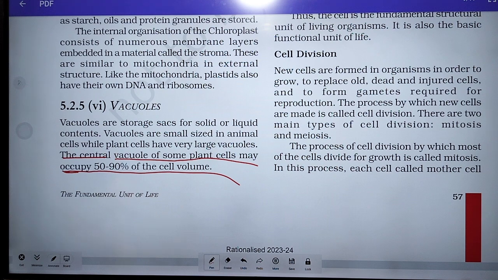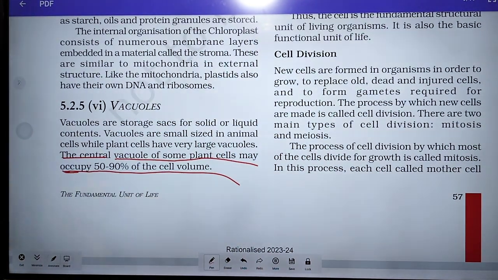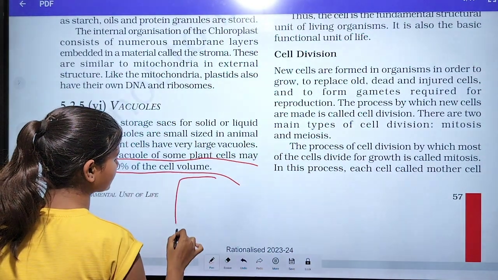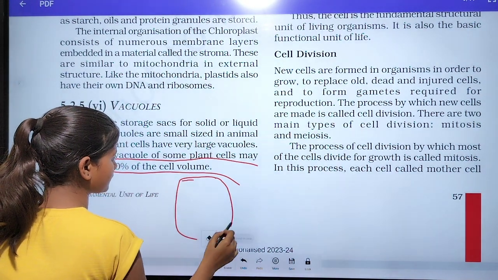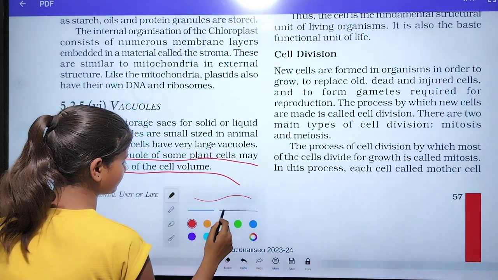The central vacuole of some plant cells may occupy 50 to 90% of the cell volume. Suppose that this one is the plant cell.